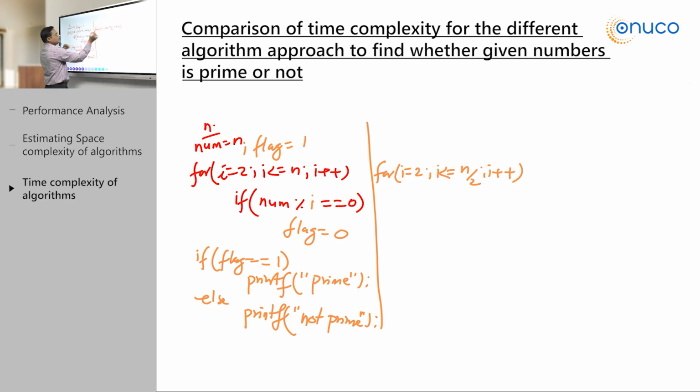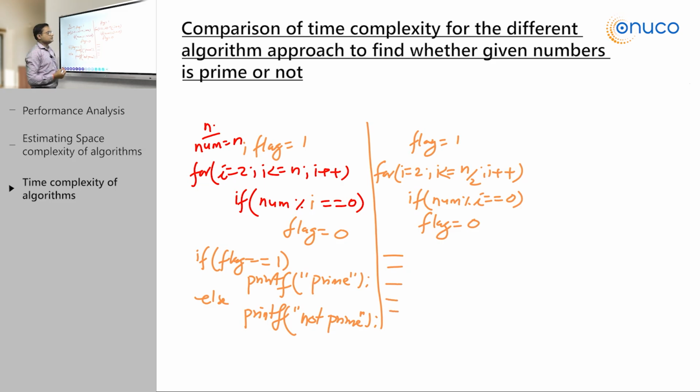So instead of n, we go till halfway, because if the number is divisible by 2, there is no need of checking after the halfway mark. If num mod i is equal to 0, flag is 0, otherwise flag is 1. The remaining statements are written as they are.